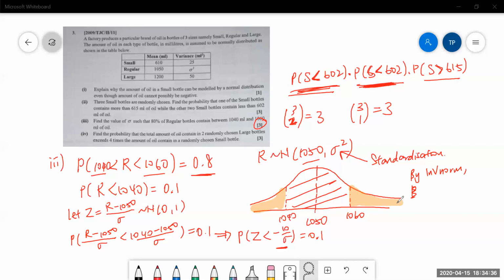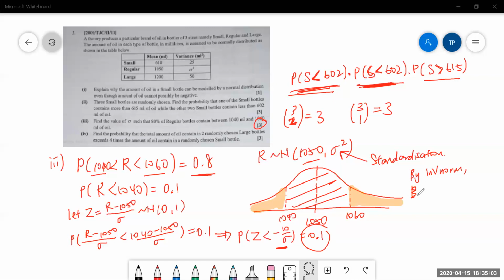The area, you have to key in 0.1, and the mu will be 0 and the sigma will be 1. The area is 0.1.